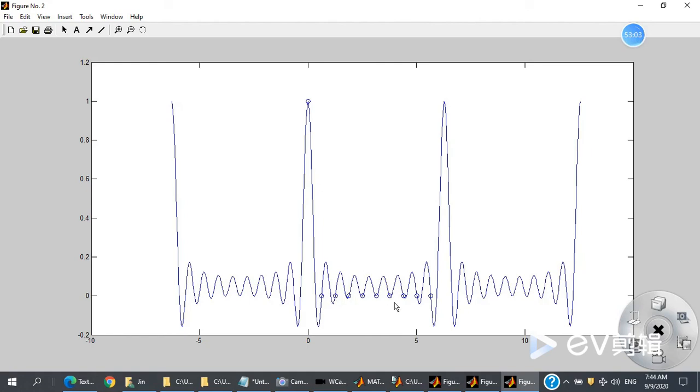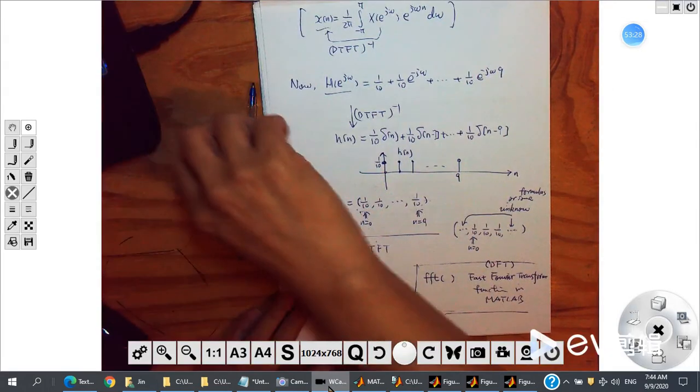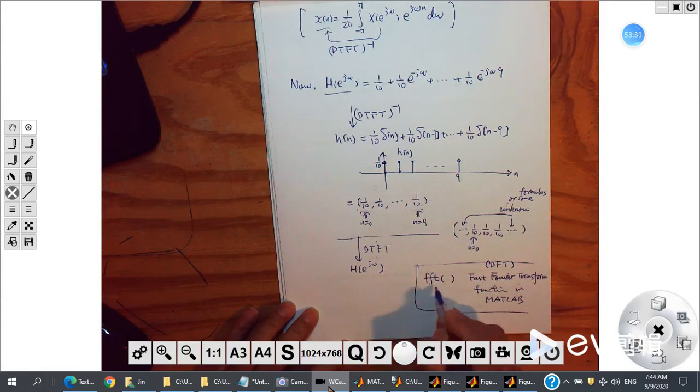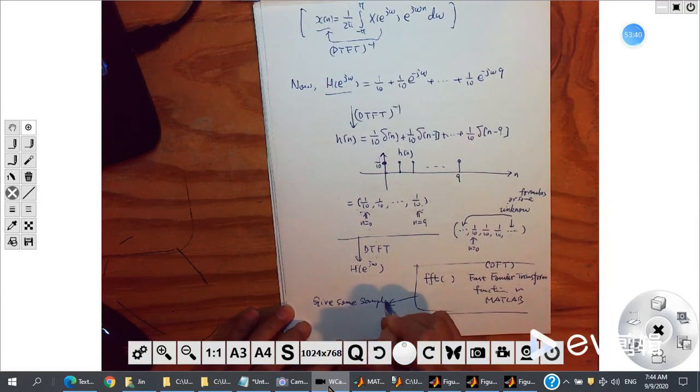You see the points down here. By the FFT function, we get some samples of the whole frequency response. This curve is the frequency response, and these circles result from the FFT function. So you can also calculate by FFT some samples of H of e to the j omega.